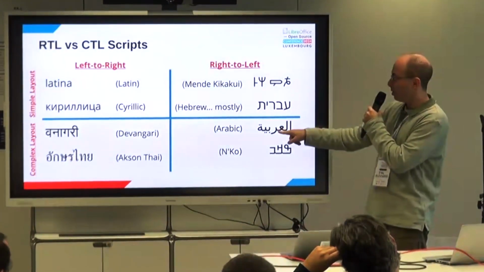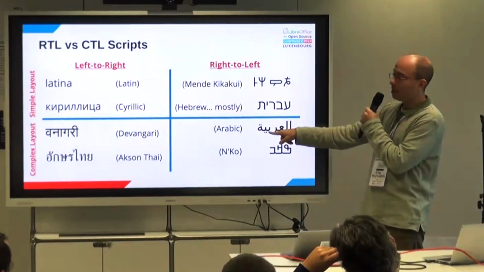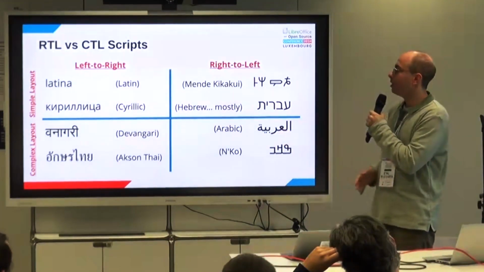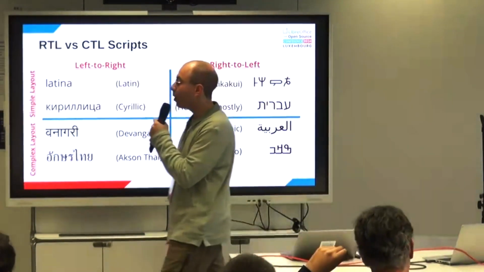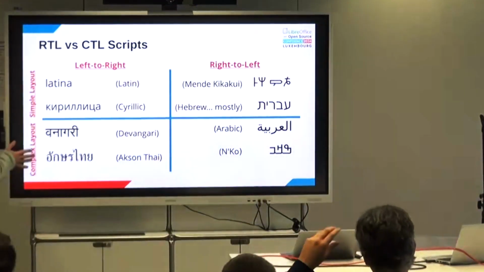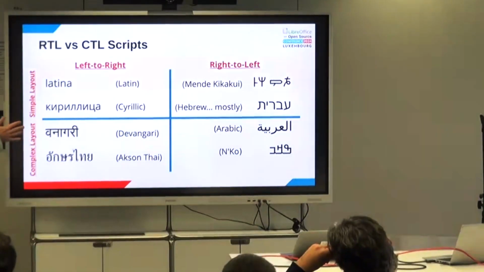So this one can connect to the one before it, but it can't connect to the one after it. Languages with these sorts of arrangements are called complex text languages, and some of them are left to right, like Devanagari, which is a script used for Sanskrit in the Indian subcontinent, and other languages as well.